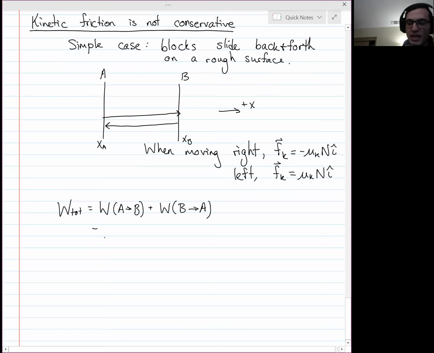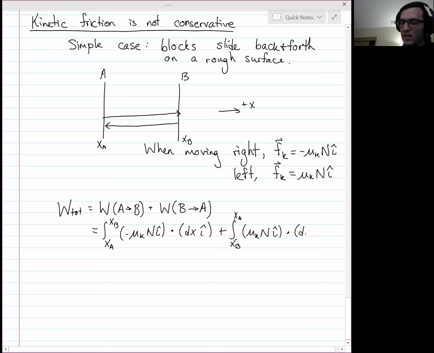So this is the integral from XA to XB of negative mu k n in the i hat direction, dotted into dx i hat, plus the integral from XB to XA of mu k n i hat, dotted into dx i hat.